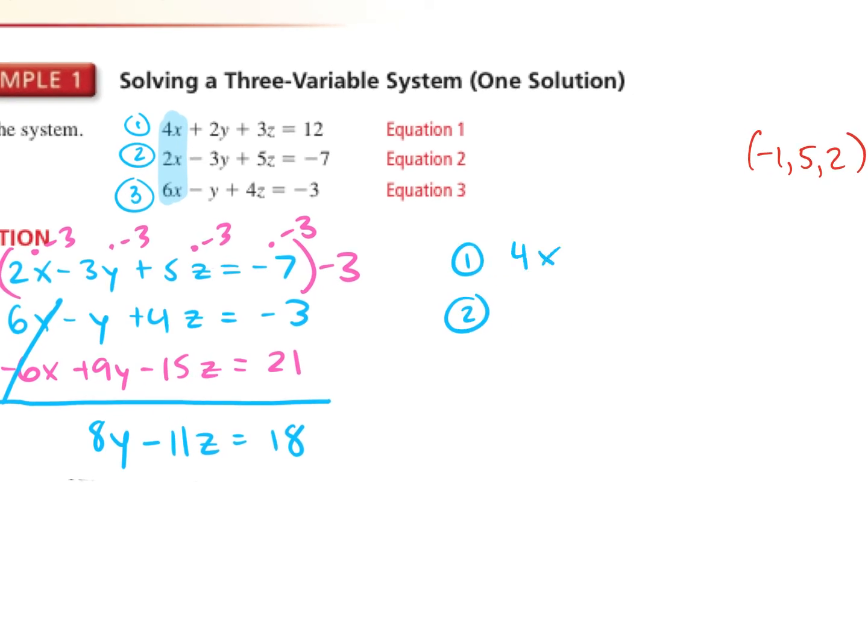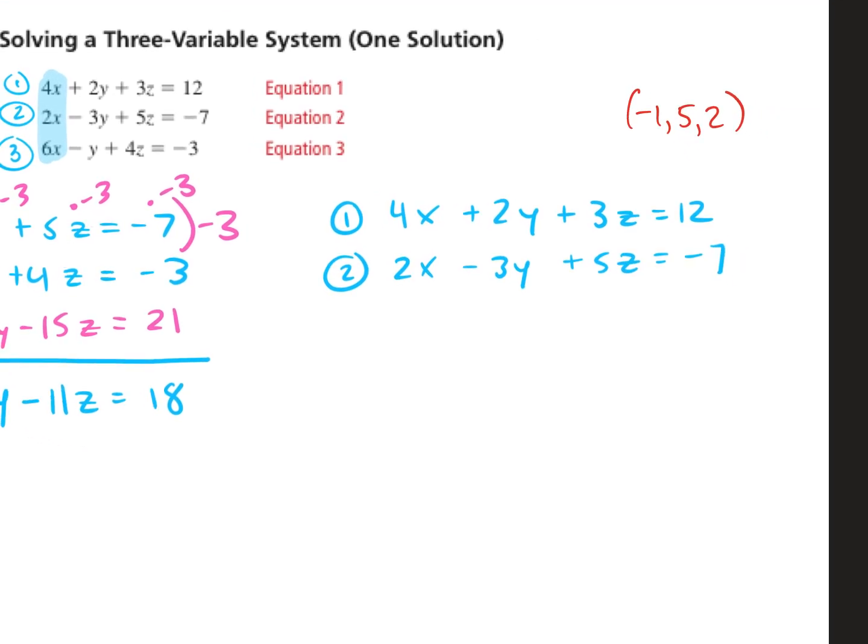So I have 4x plus 2y plus 3z is equal to 12, and 2x minus 3y plus 5z is equal to negative 7. What do I have to multiply and by which equation to get something to cancel? I have to multiply equation number 2 by negative 2. Perfect. So multiply everything here by negative 2.